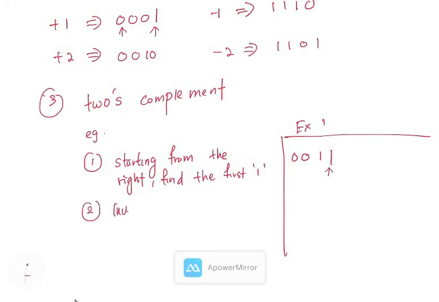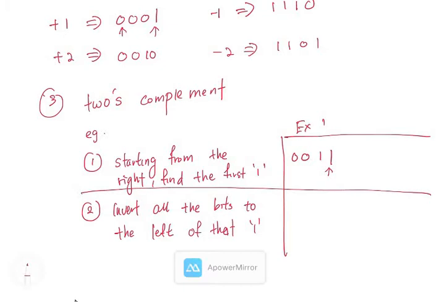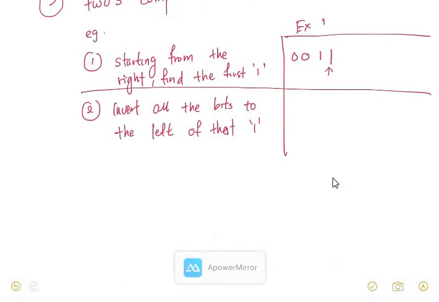Second step, invert all the bits to the left of that one. Once you find the first 1, you change the values after that. So you have 1, 1, 0, 1. The first 1 from the right remains the same, and all the following bits need to be inverted, the opposite value.